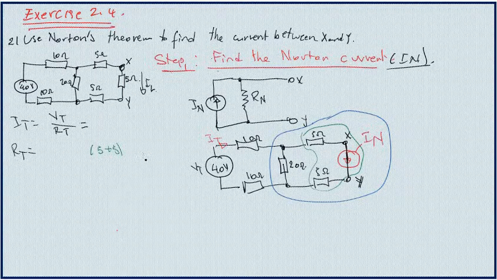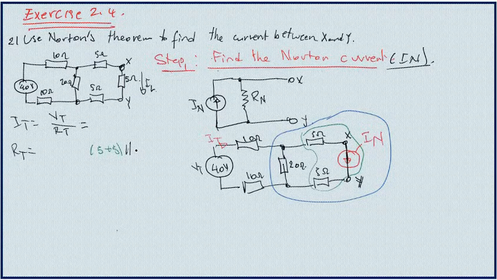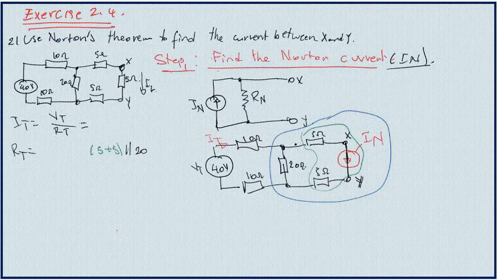We just use the notation: the green block is in parallel with the 20 ohm. Now we can see that the blue block is in series with these two resistors. So we have the first resistor, the second, and the third.